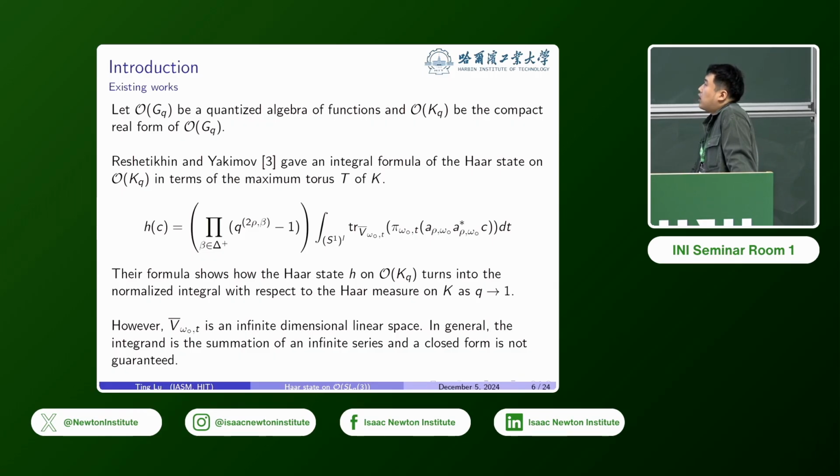By the work of Reshetikhin and Yakimov, they show that the Haar state on the compact real form of a quantized algebra of functions can be written in this form, where this integral is taken on the maximal torus of K. By their work, we can find how the quantized Haar state changes to the usual integral with respect to the Haar measure as q goes to 1.